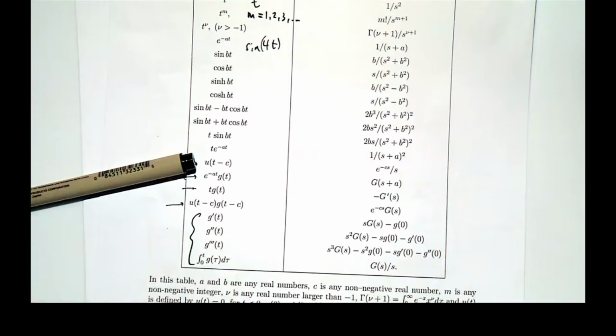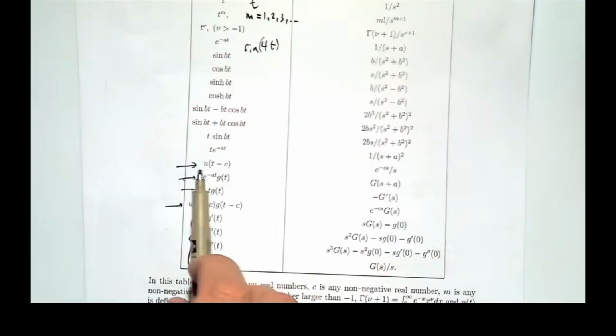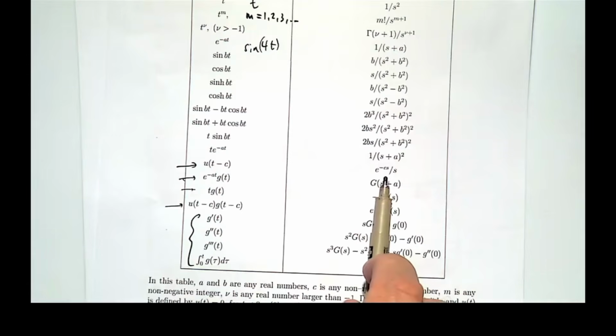Okay, so u of t minus c is this Heaviside function that has a jump in it, right? So according to that table, the transform of that is this, okay?